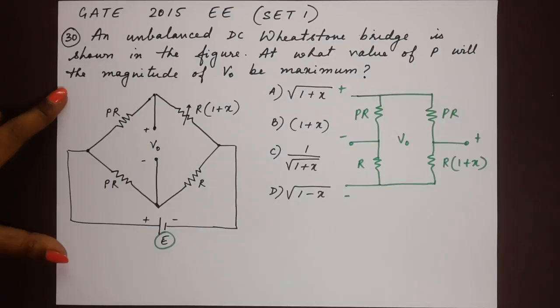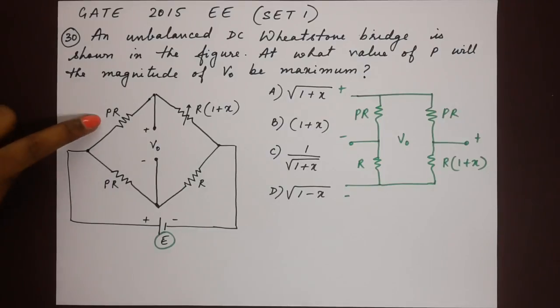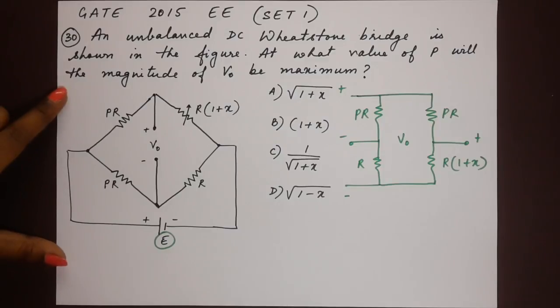as E. Okay, so the question tells us that we need to find out the value of P such that the magnitude of V0 is maximum. In order to do that, let's first write down the expression for V0 using the resistances given to us. Let's use the concept of voltage division.